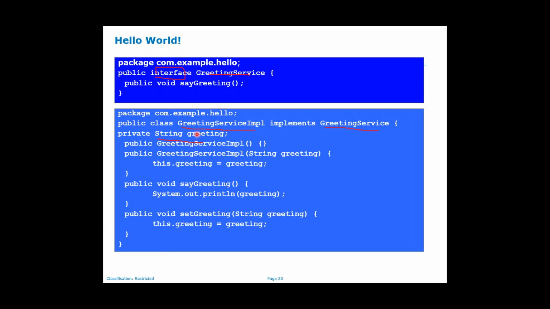This is your variable. Then you have two constructors: one without arguments and one with arguments. Then you are providing the public setter and getter methods.